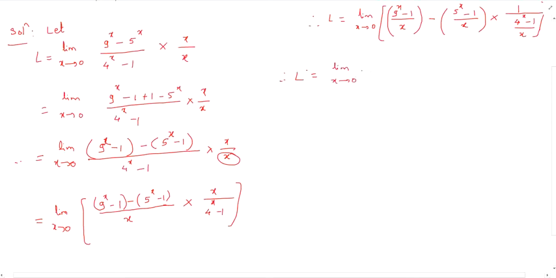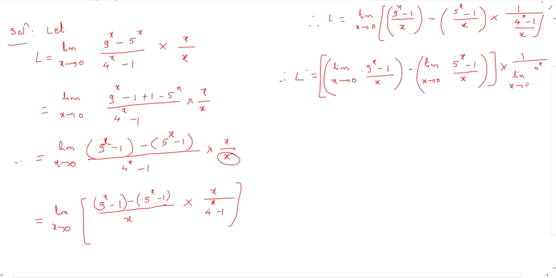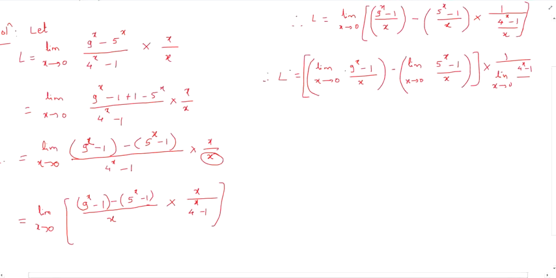So limit x tends to 0, (9^x - 1)/x, this is one term, minus limit x tends to 0, (5^x - 1)/x, this is our second term, and put a rectangular bracket there, and the multiplying term is 1 by limit x tends to 0, (4^x - 1)/x. So this is our next term.